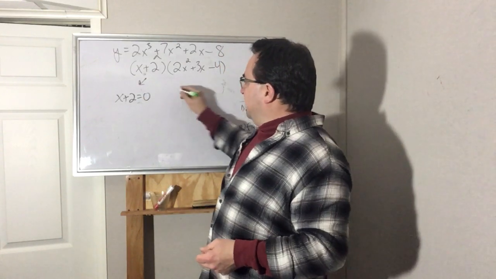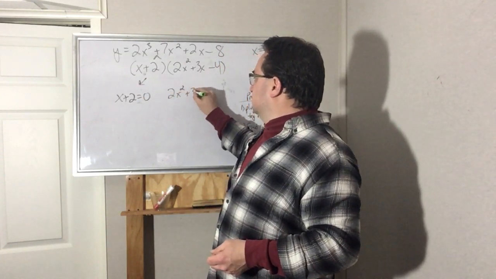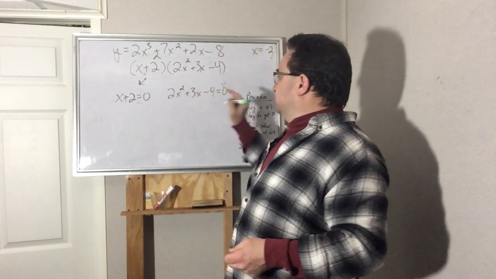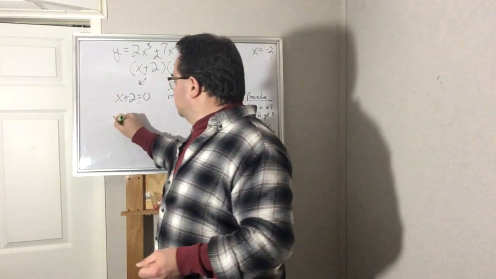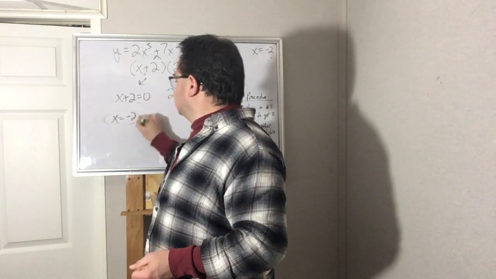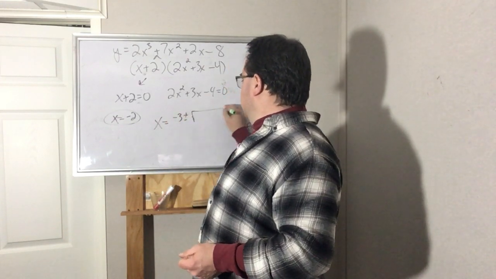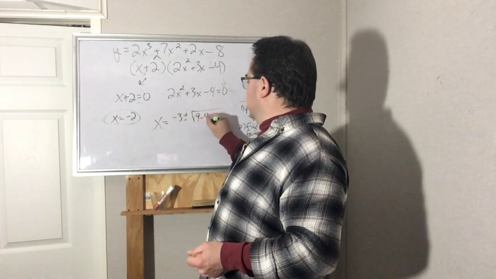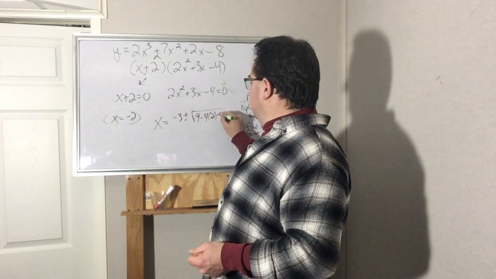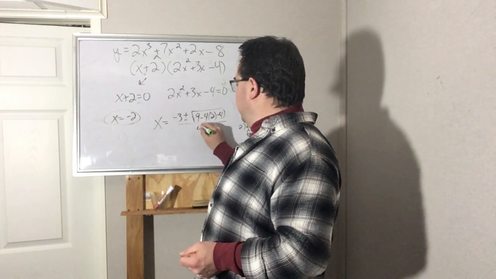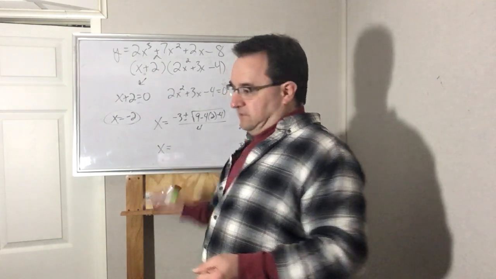So since I can't factor it, I got to set it equal to 0 and solve, which means quadratic formula there. So this one's easy, but this is going to be negative b plus or minus the square root of b squared minus 4ac all over 2a. Let me get my calculator.